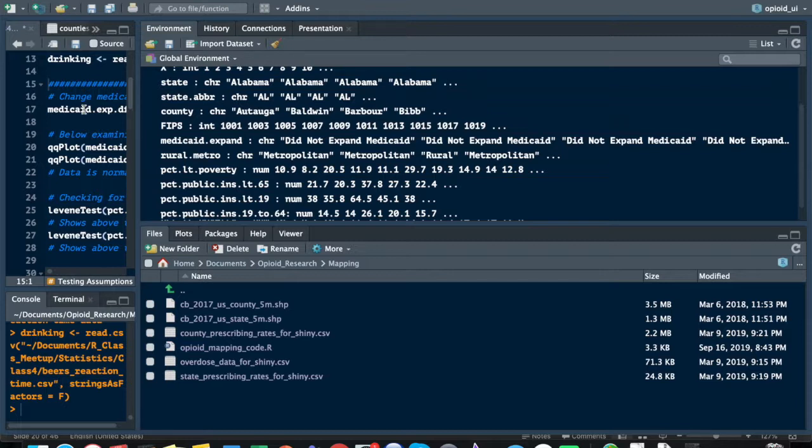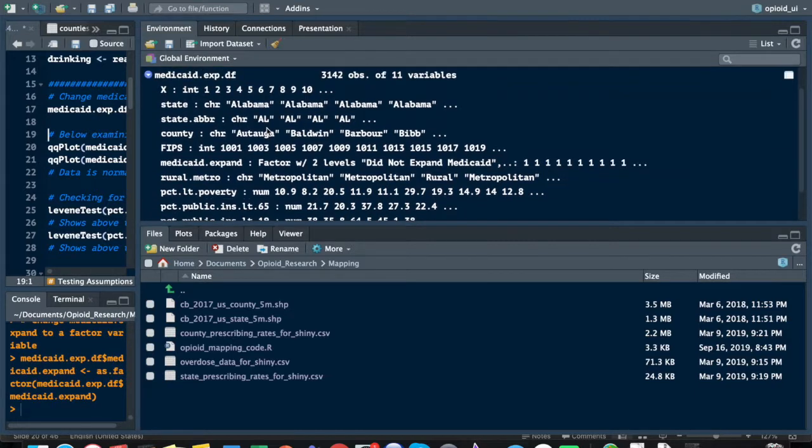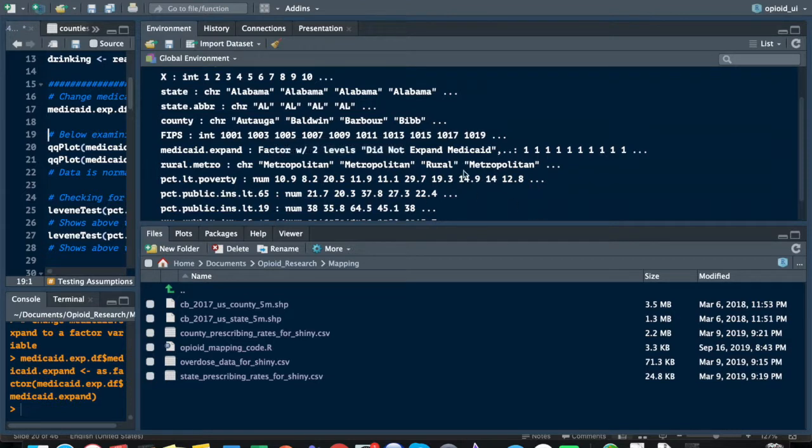So if we're looking at our Medicaid expansion data frame, which is what we're using for our analysis, you scroll down, you'll see that there is a factor with 2 levels. So I'm going to actually expand this, so this will make more sense. You're seeing this is a label. It is not the actual value.